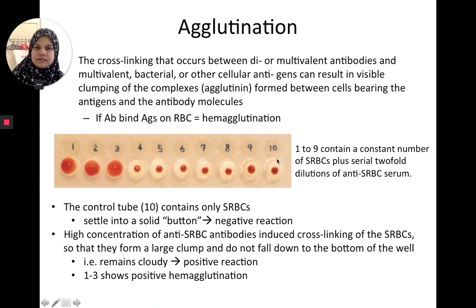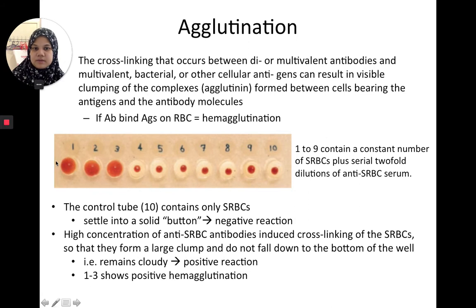So this well, number 10, only has the SRBCs and no antibodies. So it actually settles into a solid button, which means it's a negative reaction.